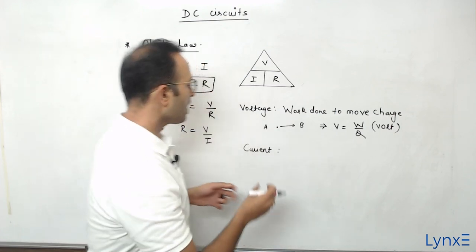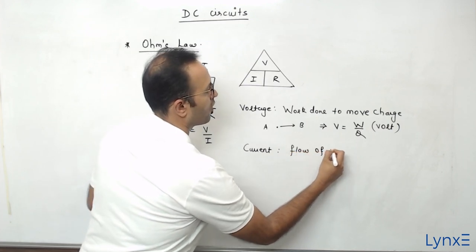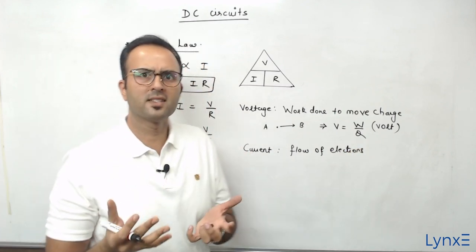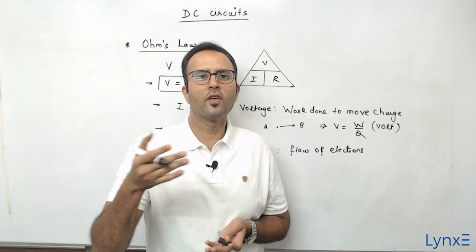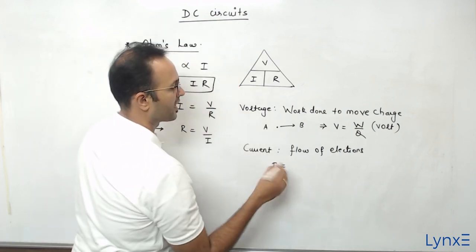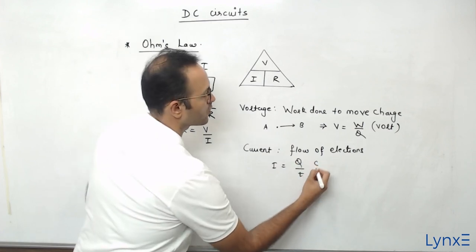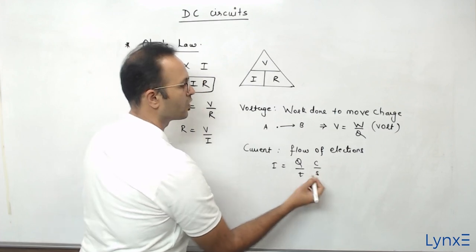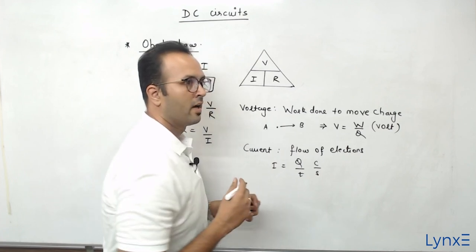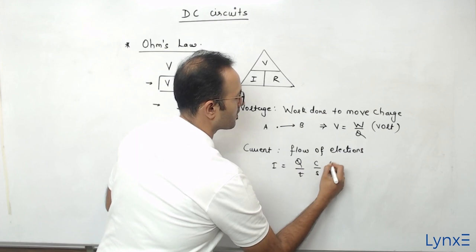So current is the flow of electrons, or the rate of change of flow of electrons with respect to time. Let's define I as the rate of change of charge with respect to time, where the unit of charge is coulomb and time is in seconds, so coulomb per second is the unit. Current was defined by a scientist known as Ampere.